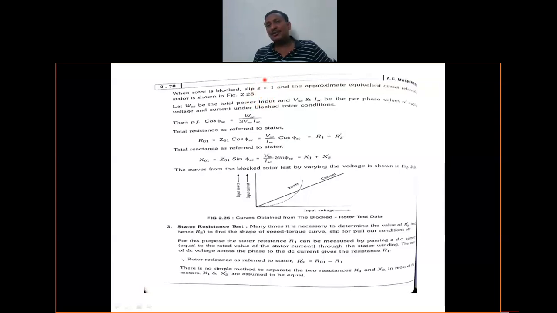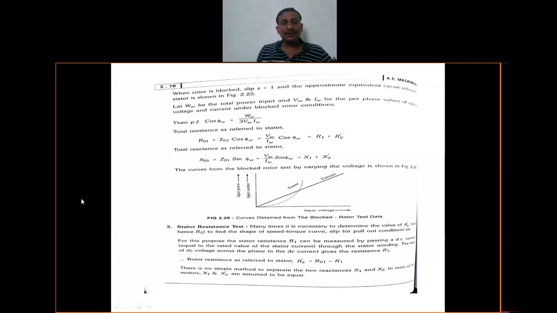Put n equal to 0, and you get S equal to ns by ns, so S is equal to 1, because under blocked rotor condition the rotor is blocked, not rotating, so n is equal to 0.